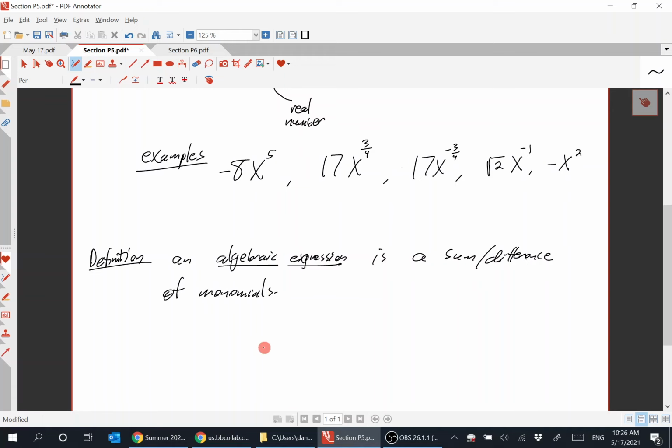So you have a bunch of monomials together: 12x to the 5th minus 2x to the 4th plus x to the 1/2 minus x to the minus 2, and so on and so forth.